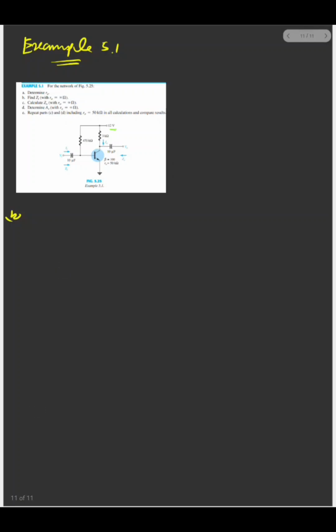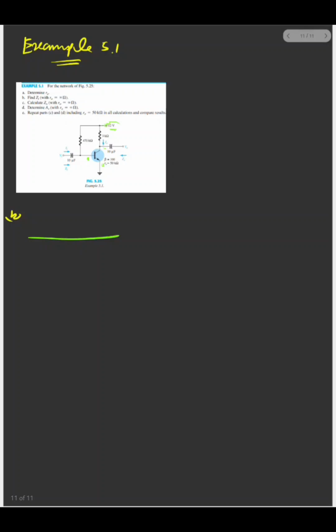So this is B, this is E, and this is C: collector, base, emitter. This base is connected to the ground, the collector is connected to the ground, and also the emitter is connected to the ground.